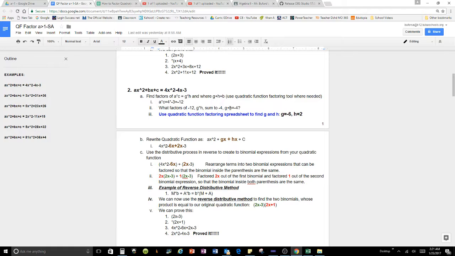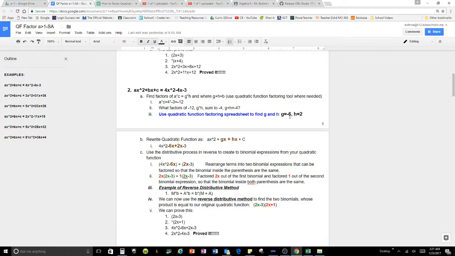Okay, so what values of g and h, when you multiply them, are equal to minus 12, and when you sum them together are equal to minus 4? You can probably do this in your head. If we have a g equal to minus 6 and an h equal to 2, that will satisfy this condition, right?